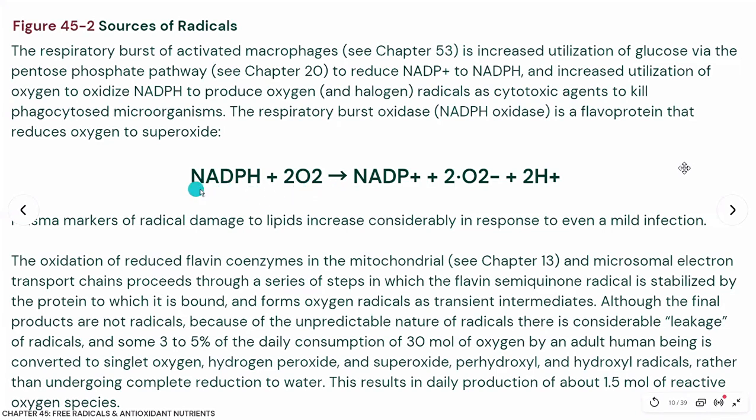Now I say that NADPH is needed for growth because NADPH is used in synthesizing bigger molecules out of small molecules. For example, how do you form fats?